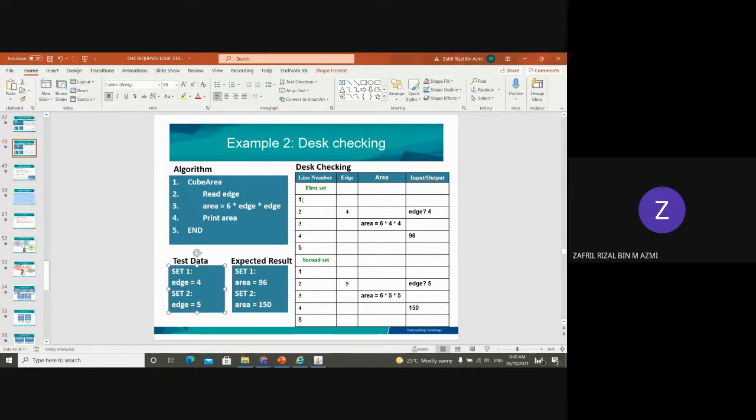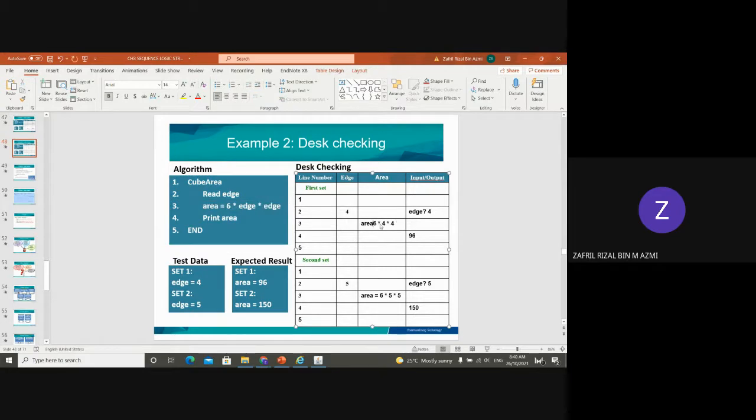Starting with line 1, then line 2. Line 1, line 2, read H. Make sure if it is an input process, you put this symbol over here in the input and output column. And then in line 3, do the calculation using the real value of the variable, not only the variable.